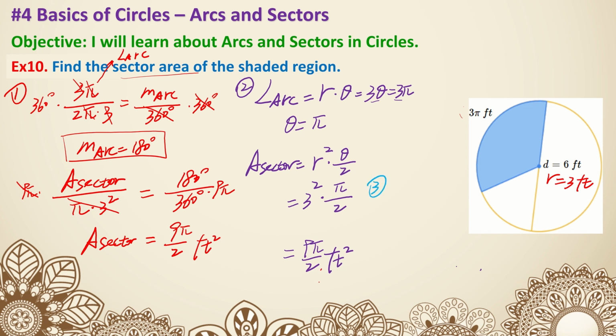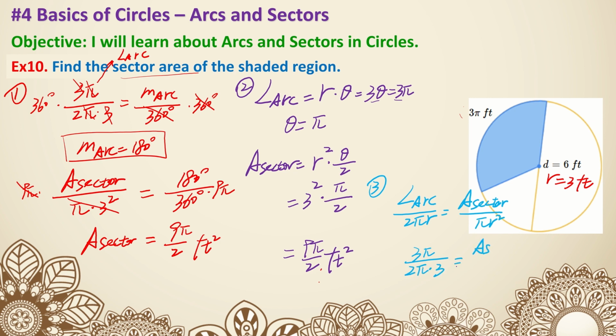Lastly, we have a third method, where we use the formulas directly. Arc length over 2 pi r is the same as the sector area compared to the whole circle, which is pi r squared. So let's put everything in. We know the arc length is 3 pi in this case. On the bottom is 2 pi times the radius, which is 3.